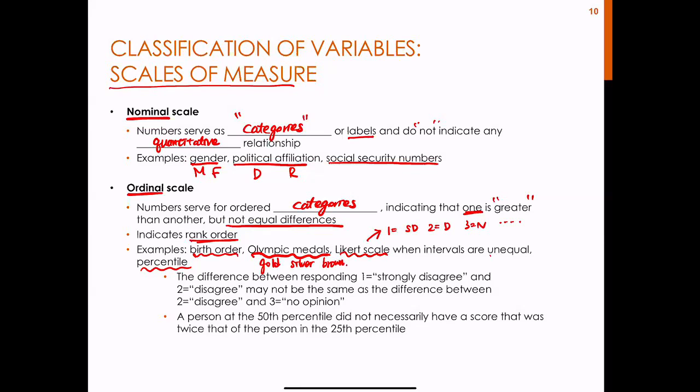Gold is better than silver, but the difference between gold and silver and the difference between silver and bronze may not be equal, right? So the difference between responding 1 and 2 may not be the same as the difference between 2 and 3.